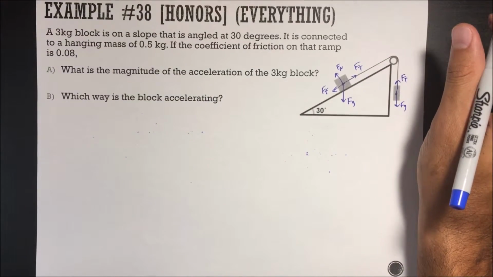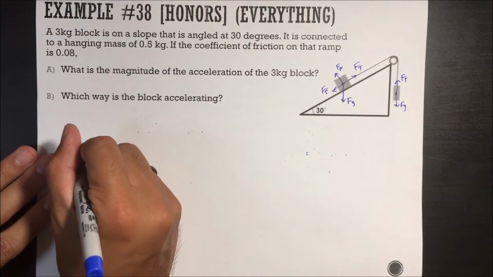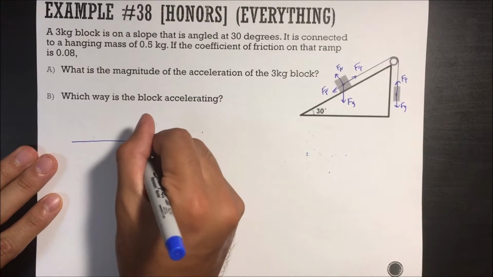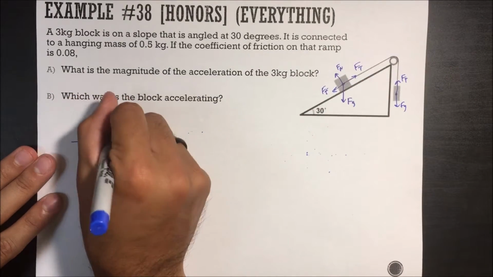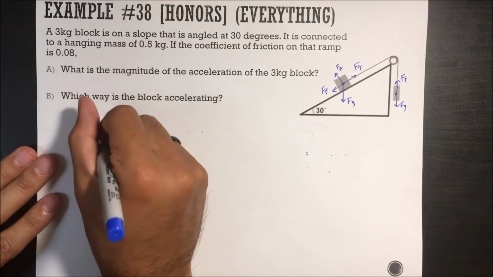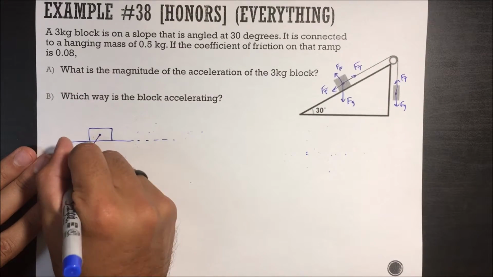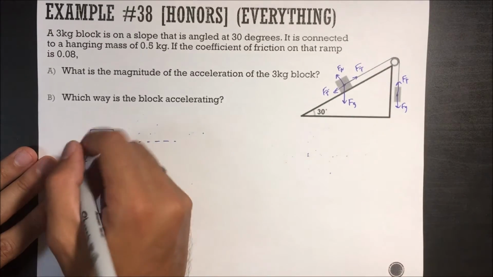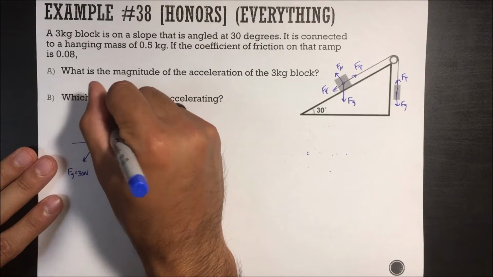Okay, so again, what I'm going to do with this problem is I'm going to put it all into one dimension. So I'm going to draw it like this, and the hanging block like this. So I'm going to shift this over. So now I'm going to shift this, so the force of gravity is going to look like this. And this is 3 kilograms, so this is going to be 30 newtons. Force normal is going to look like this.